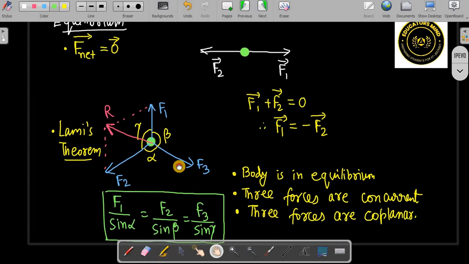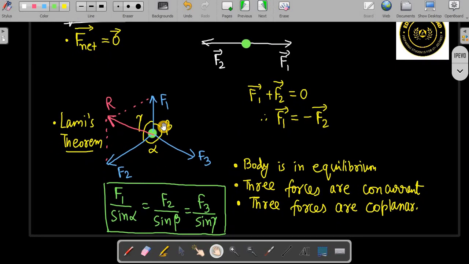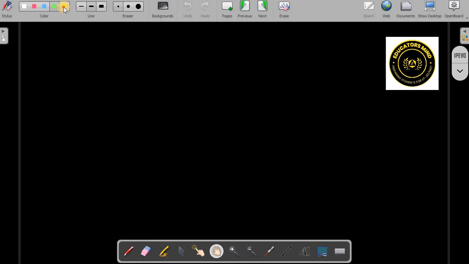Now let's extend this concept with some examples of equilibrium. Suppose there is a body which is being balanced. This is a block, let us say.